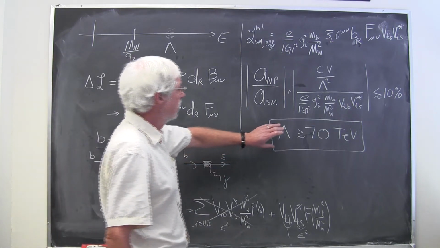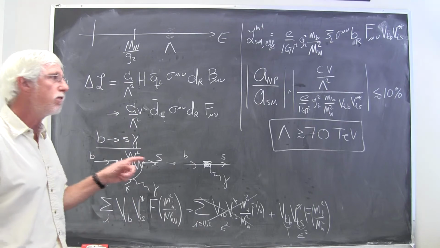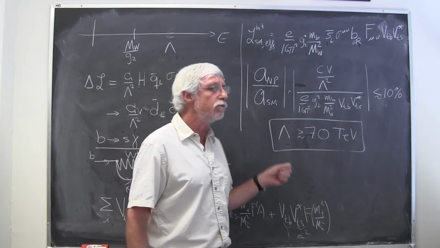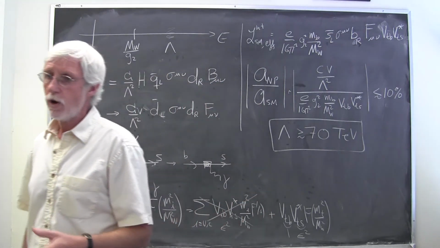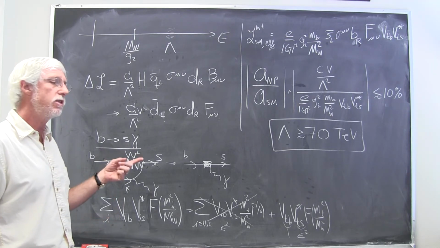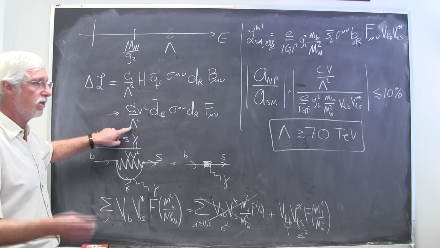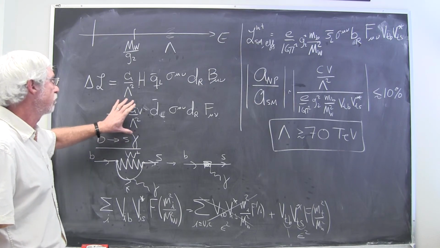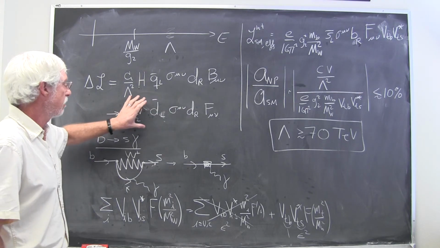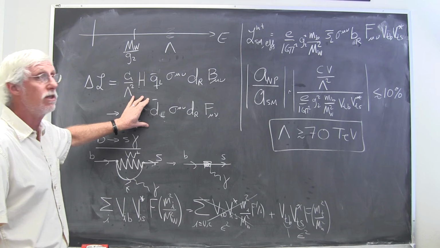So if the new physics is at that scale, we won't have access to it. More importantly, we think there should be new physics at the 1 to 10 TeV scale. And what this is really telling us is that if your new physics comes at the 1 TeV scale, say, this generic operator, if produced by the new physics, completely rules out that model.